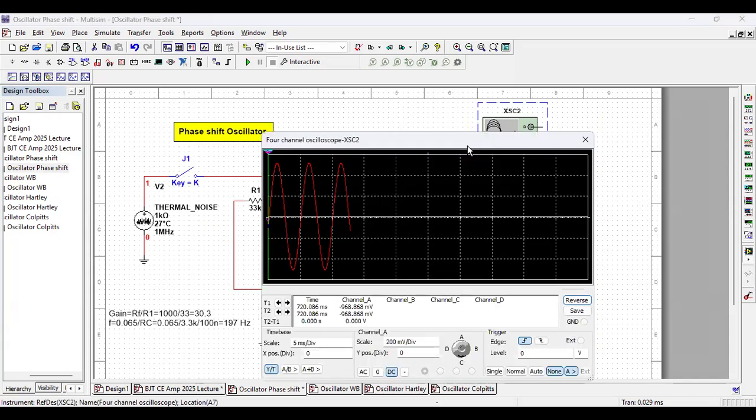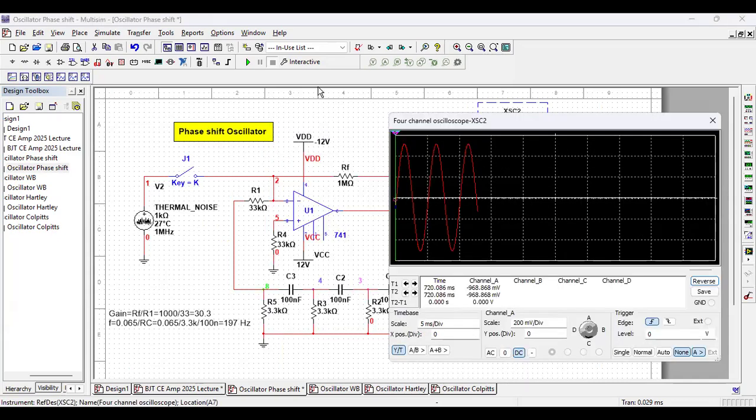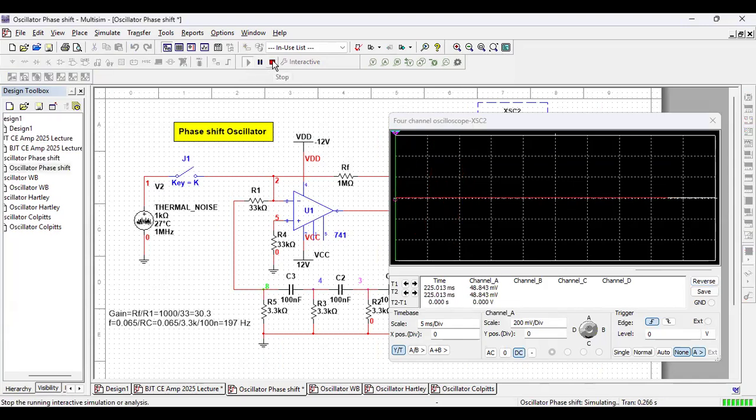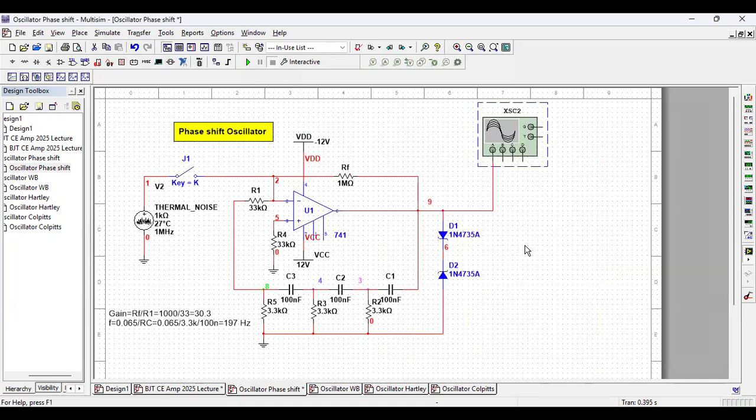Now let us run the phase shift oscillator and see what happens. Nothing happens. Why? Really nothing happens. I switched on, but nothing happens.